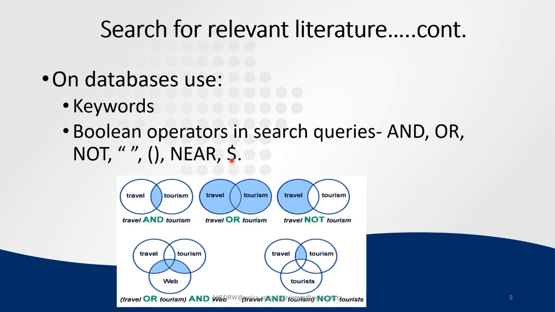You type digest and a wildcard, and it will find everything that starts with digest, whether it's digestive or digestion or digestibility. I'm using the word digest as an example there.